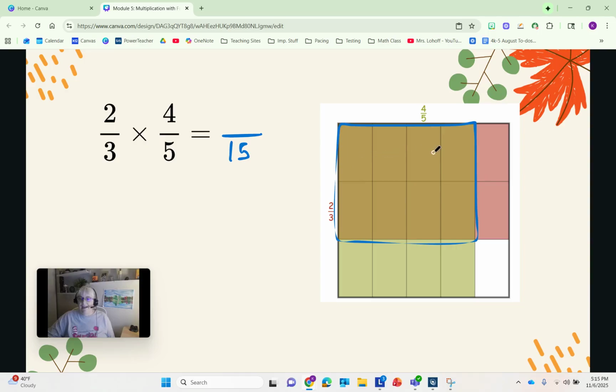The part that is overlapping in my blue box is 1, 2, 3, 4, 5, 6, 7, 8. It's 8. So the answer to 2/3 times 4/5 is 8/15.